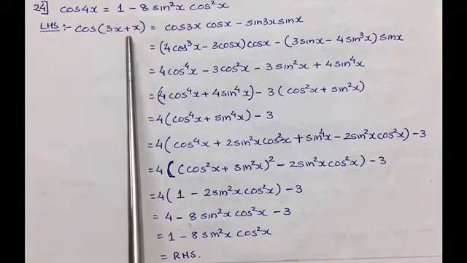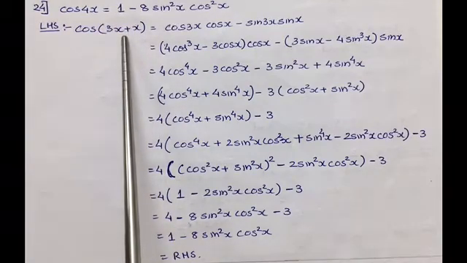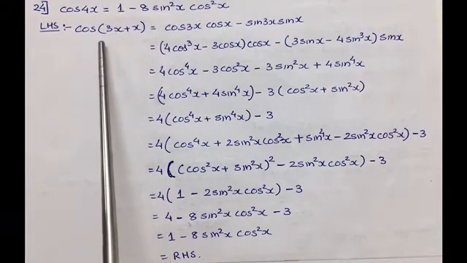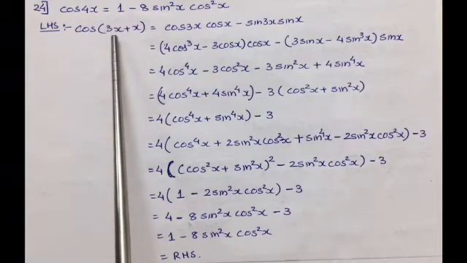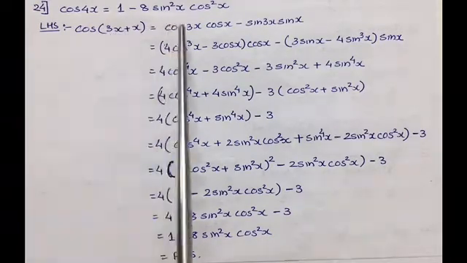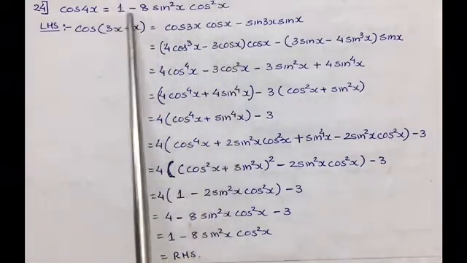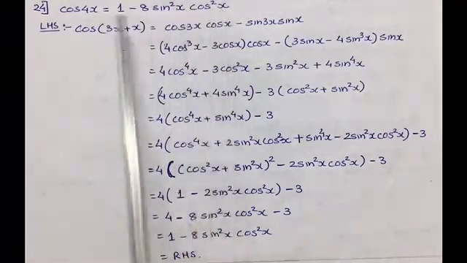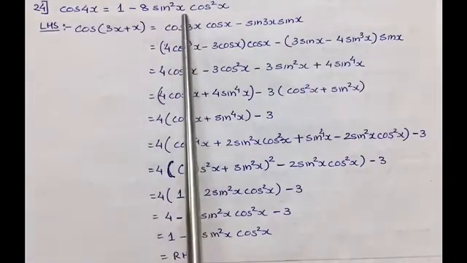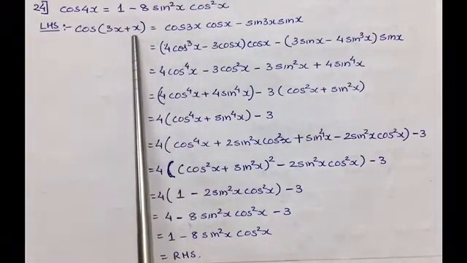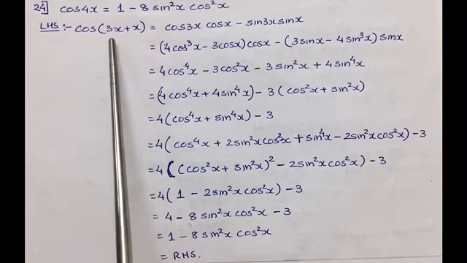Now this expression should be taken in such a way that the formula of 3x is known to us, as well as in the RHS the angle from 4x is getting reduced to x. So one of the angles is to be kept as x. That is how the adjustment is being done.